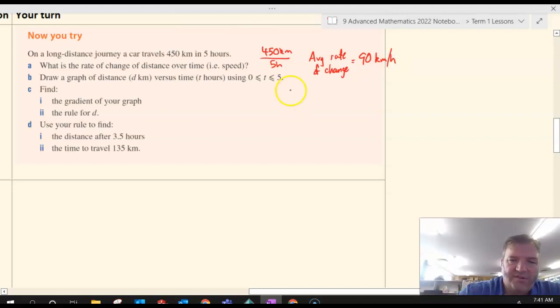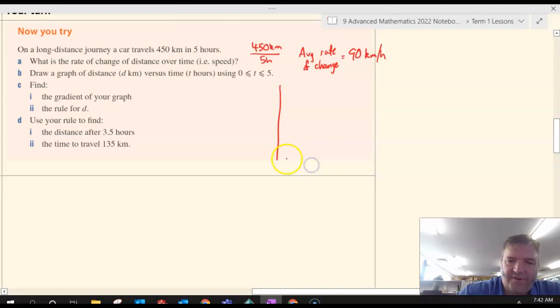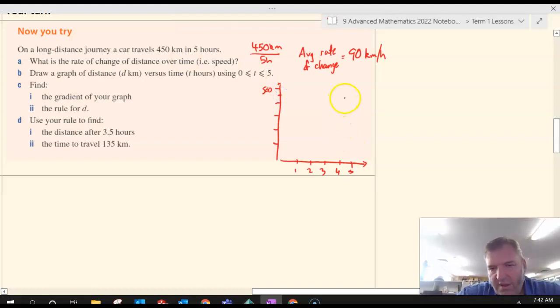Draw a distance time graph for the first 5 hours. 1, 2, 3, 4, 5. 100, 200, 300, 400, 500, 450. And 5, let's get approximately right.